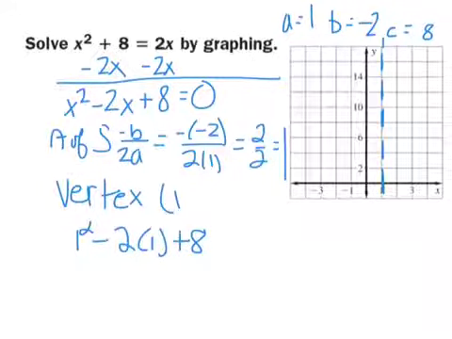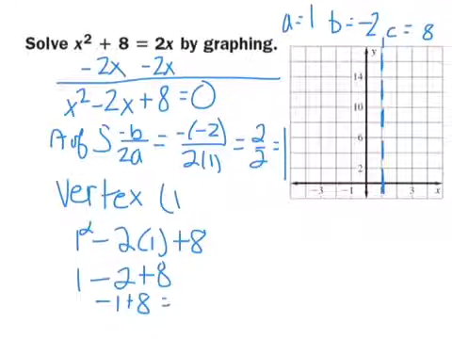Sorry about that. Okay, and when I solve that, 1 squared is 1, minus 2 plus 8, giving me negative 1 plus 8, which gives me a y-coordinate of 7 for my vertex. So my vertex is at 1, 7. And if I notice, this graph is going by 2's, so 7 is in the middle of that box.